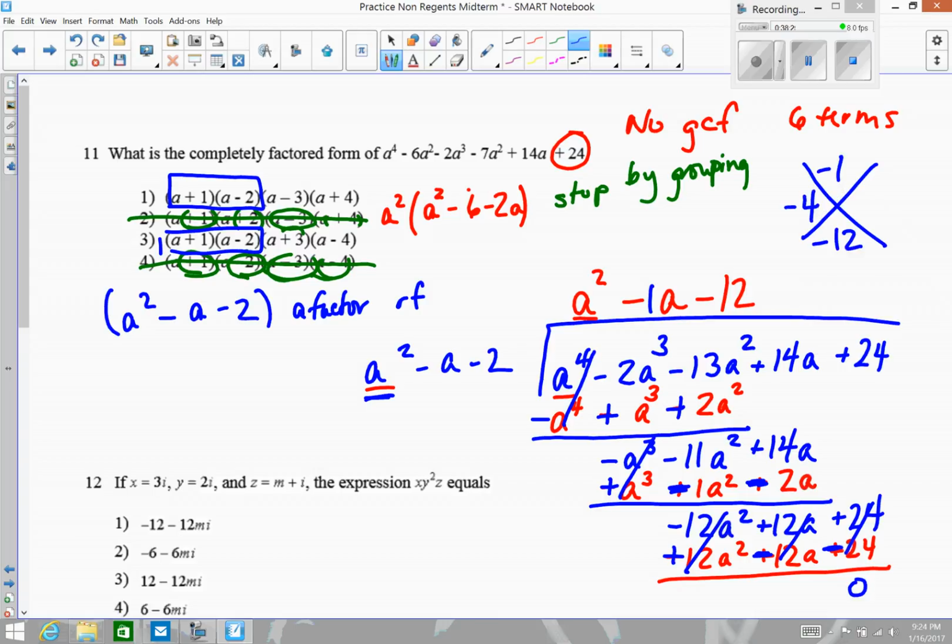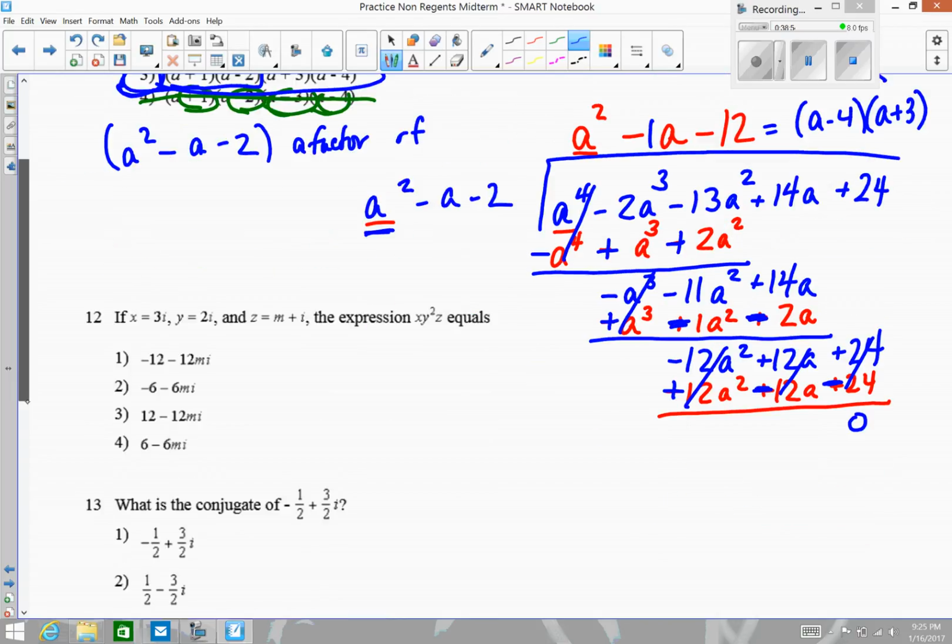That would be a negative 4 and a positive 3, which means this could be factored to a minus 4, a plus 3. That is solution choice number 3. So the correct answer for number 11 is 3.